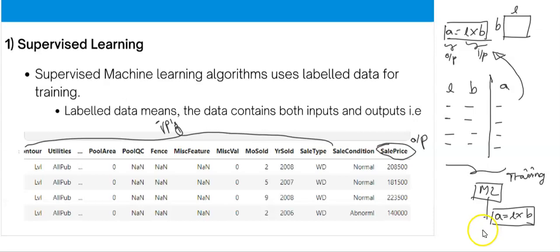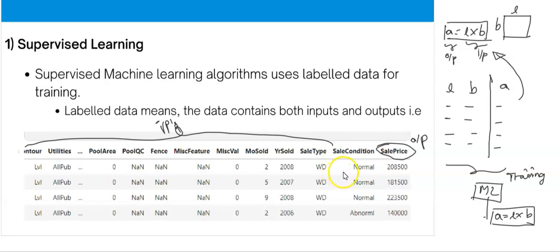In supervised machine learning algorithms, you have to use labeled data. Labeled data is nothing but there exist input and output. Here let's say for example, in this example, this sale price corresponds to output, whereas all these features correspond to input. Hence this is a supervised machine learning algorithm.